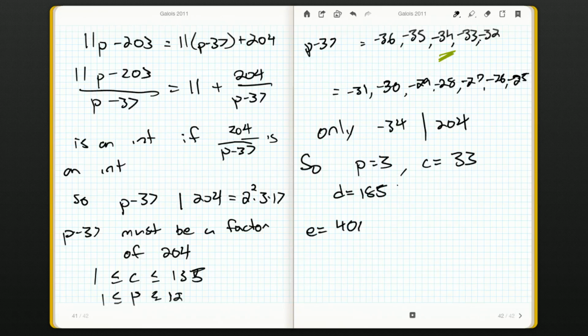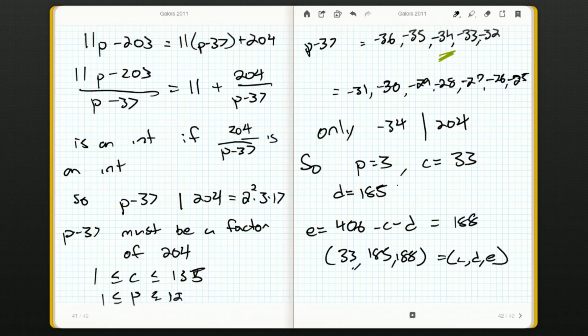And e is going to be 406 minus c minus d, 188. So 33, 185, and 188 is a solution. And that's what happens when we let c be a multiple of 11.